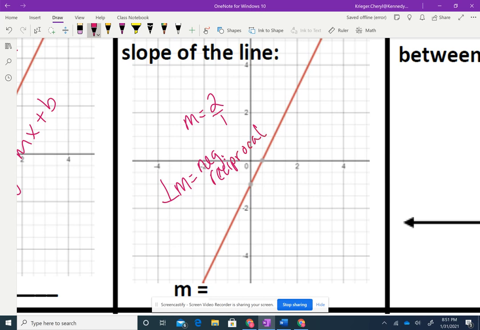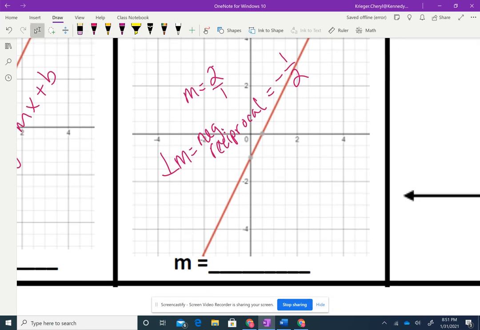Okay, so the negative reciprocal of 2 over 1 is negative 1 over 2, right? The reciprocal means we flip the fraction. 2 over 1 becomes 1/2, and the negative reciprocal means whatever sign is there, it changes to the opposite. So if it's positive, it becomes negative. If it's negative, it becomes positive. So the perpendicular slope would be negative 1/2.